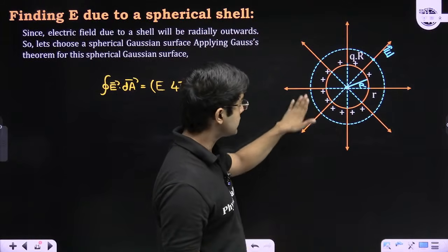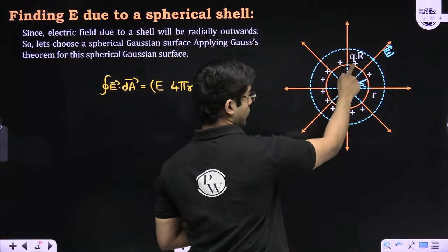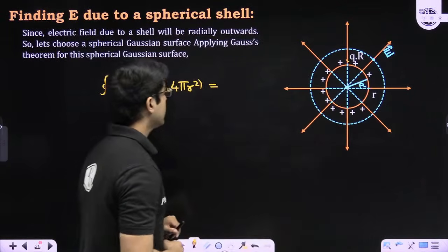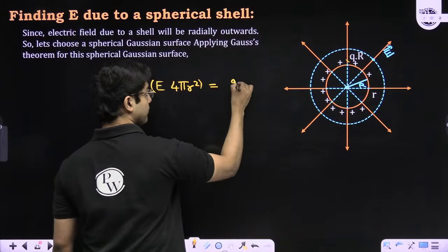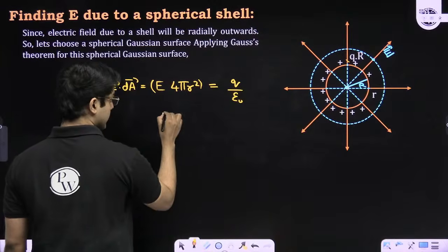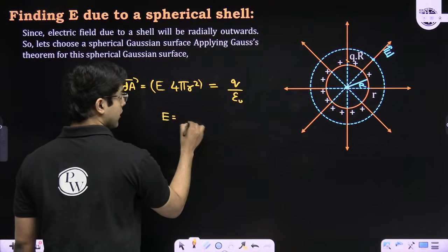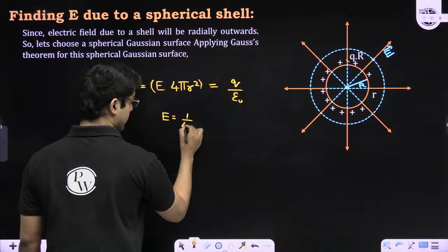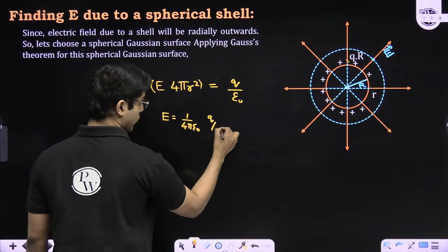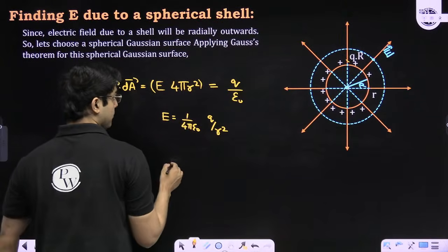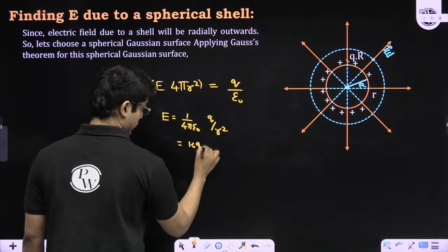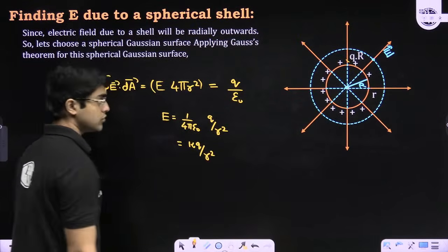The total charge on this sphere is small q, so q enclosed will be q. Divide it by epsilon naught, and you get the electric field. It will be 1 by 4 pi epsilon naught q by r square. For boards, you will have to write some extra steps. This is basically kq by r square, the same result as a point charge.